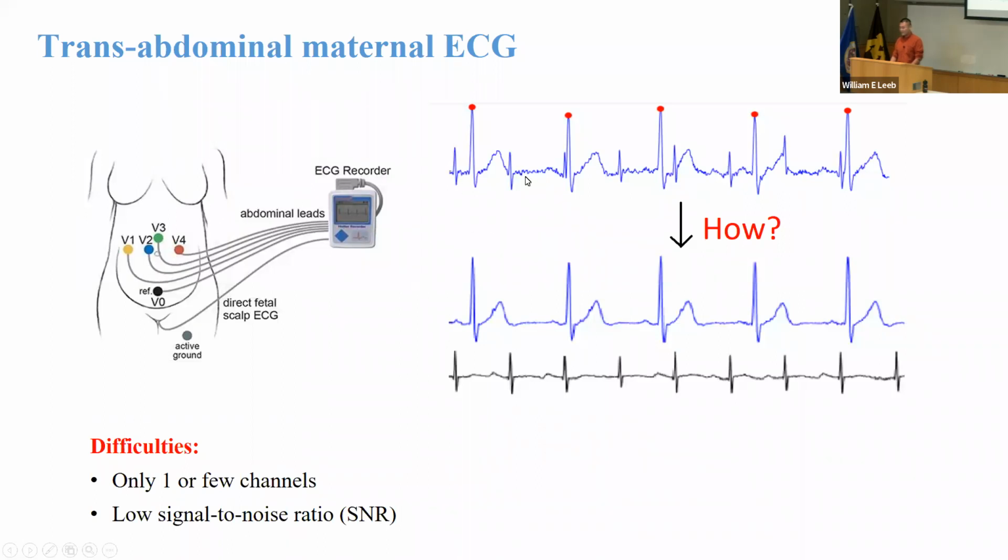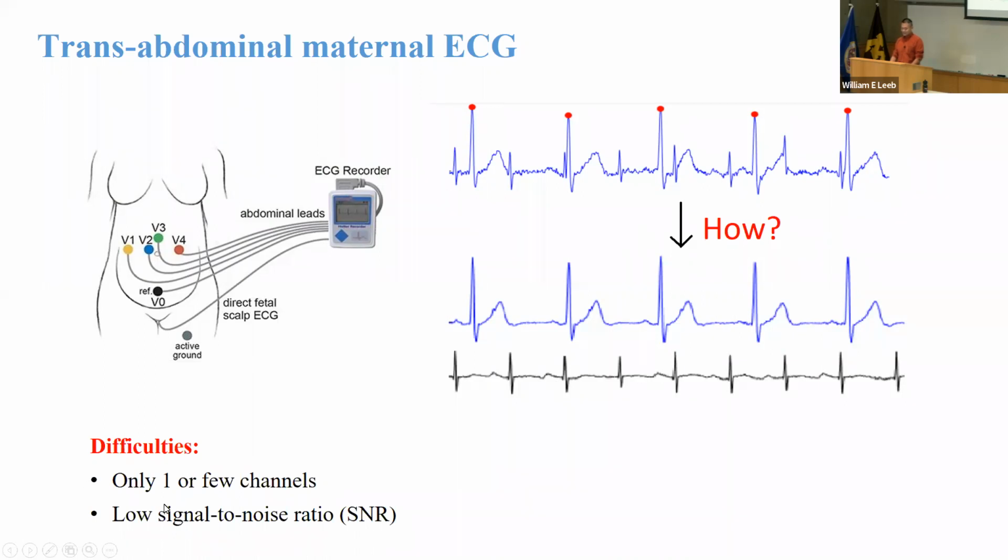In one channel of the signal, you can see a big amplitude, which is from the mother's heart, and a small amplitude, which is from the heartbeat of the fetus. So today's problem is how to decompose these two signals when we have only one channel or only a few channels available, and how to separate the mother's part and the fetus's part.